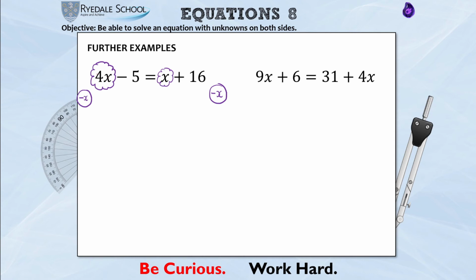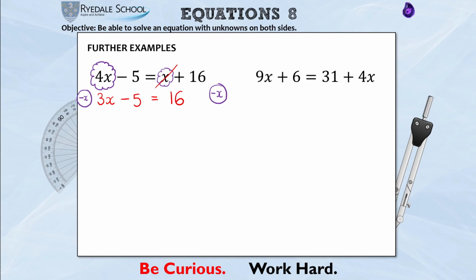If I subtract an x from 4x, I have 3 x's left and still the takeaway 5. If I subtract an x from this side, well, that x is going to go and I'm just going to be left with 16. So our equation is now 3x take away 5 equals 16.